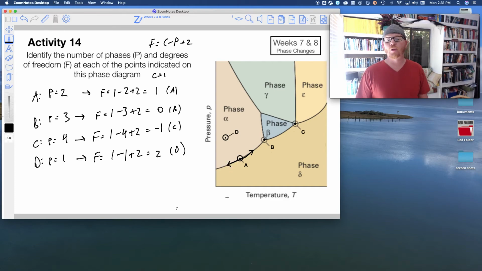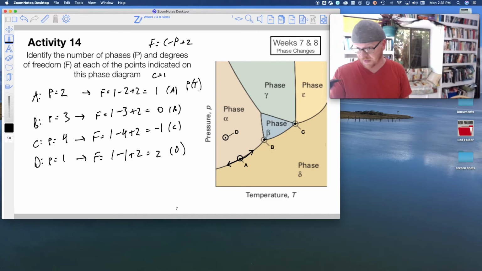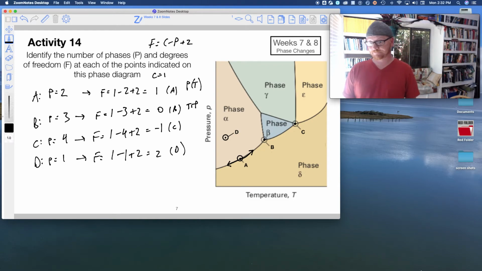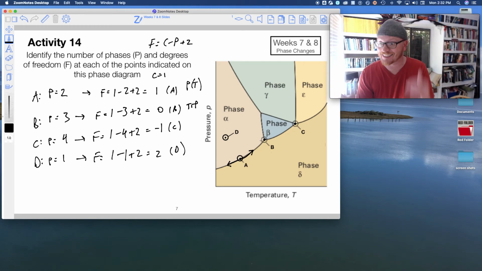So P is a function of T: if I'm changing T, then P responds as a consequence, if I want to stay on that line. What about point B? Point B has 0 degrees of freedom. That's a triple point. I can't change the pressure or temperature at that point and still maintain it.